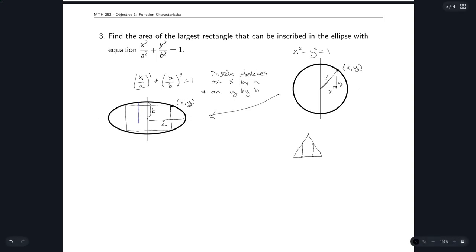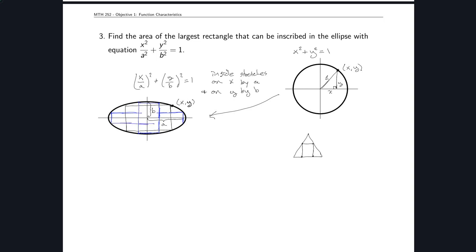We can inscribe rectangles in different ways. I could make it thinner and a bit taller, or we could make it really wide and shorter.